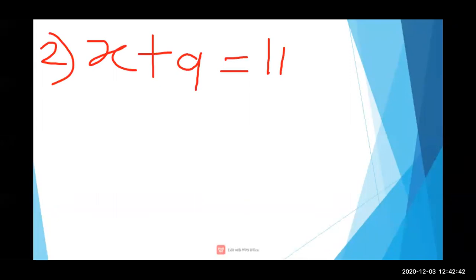My second example is x plus 9 equal to 11. Now x plus 9 equal to 11.